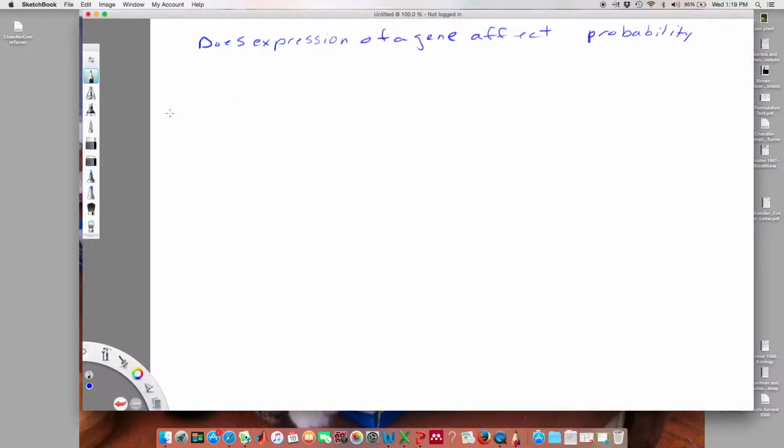using logistic regression. So I want to switch up colors. I like using different colors. So one example is, does expression of a gene affect probability of individual getting cancer?